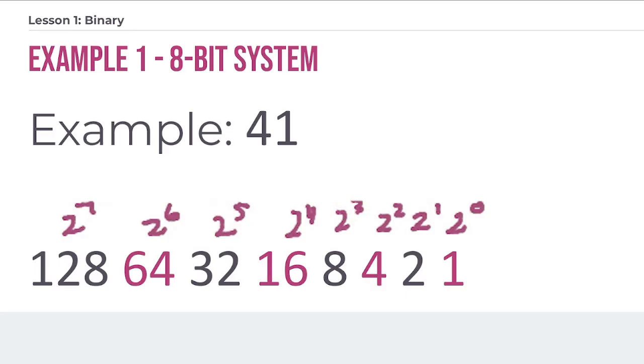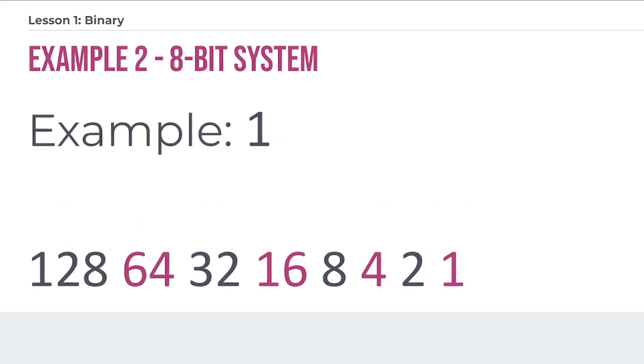So all I have to do is fill these in with zeros right here and put this switch on. All right, so this is how 00101001 is how I would represent the number 41, the decimal number 41, using binary. Pretty cool, right? All right, a little bit of a simpler example.